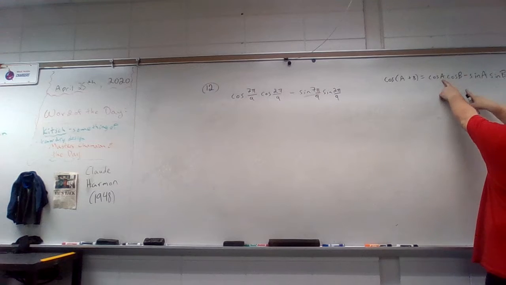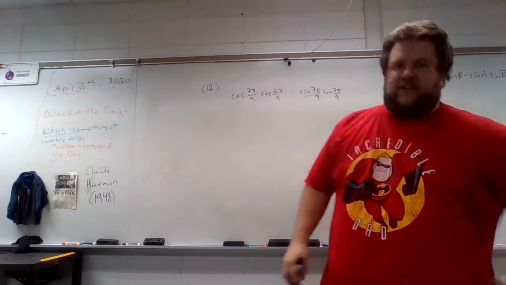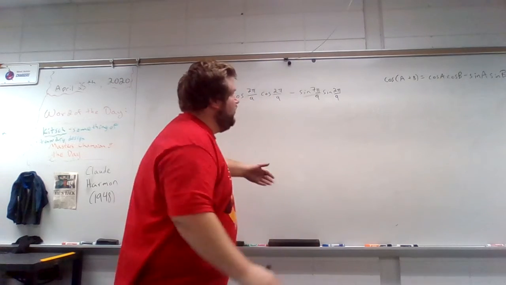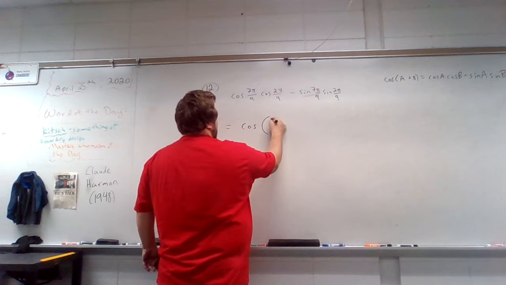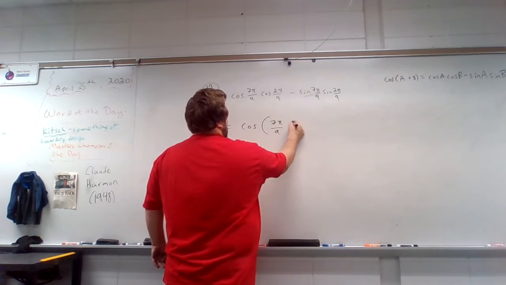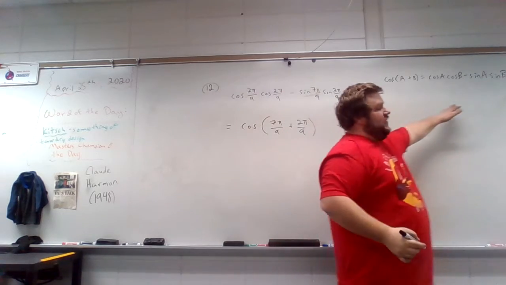And the A is the 7 pi over 9 radians, and the B is the 2 pi over 9 radians. Okay. So if I were to rewrite this, this is actually cosine of 7 pi over 9 plus 2 pi over 9, using our identity in reverse.